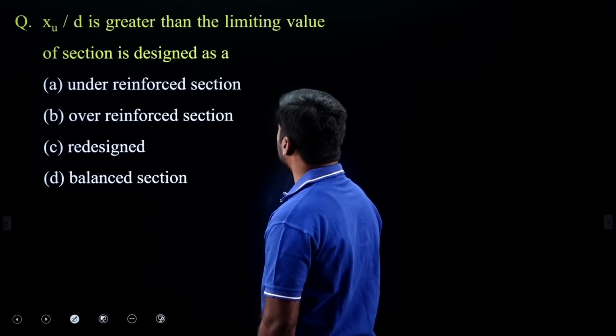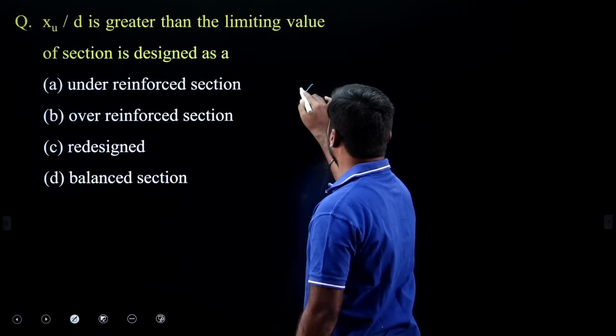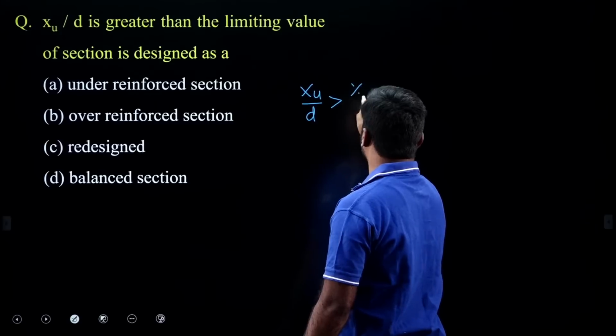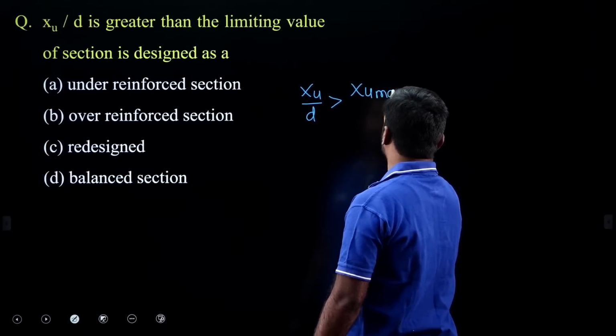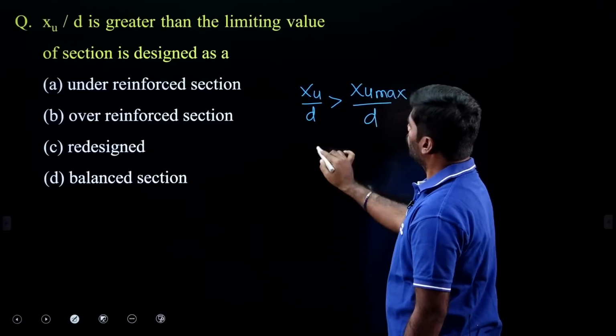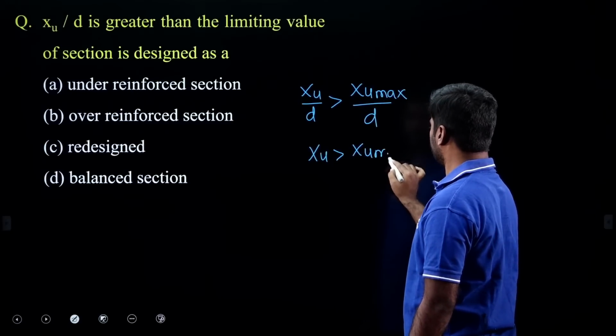XU by D is greater than the limiting value, the section is designed as. Here XU by D greater than the limiting value means XU max upon D. Or you can write like this also, XU is greater than XU max.